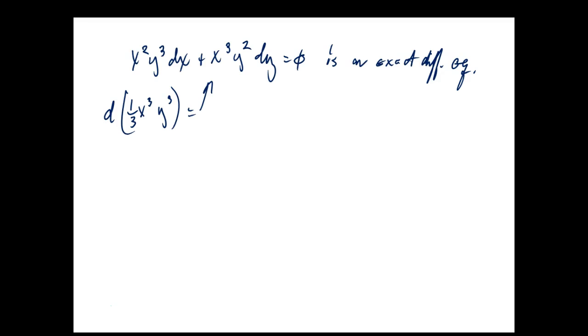Notice that if we make the identifications that this is your M of x, y, and this is your N of x, y, okay? Now, this is the part that we talked about last time. Here is the key. Here is the test.